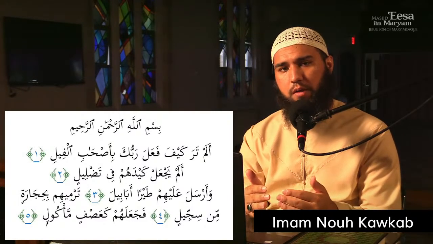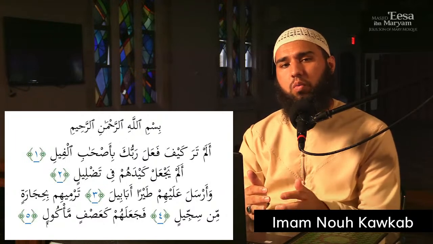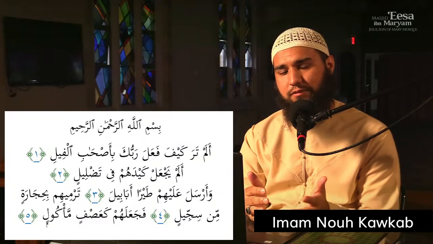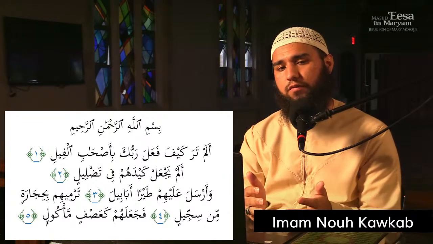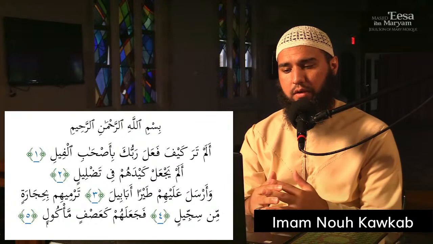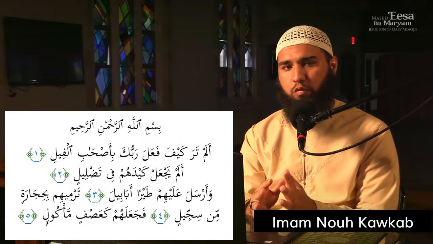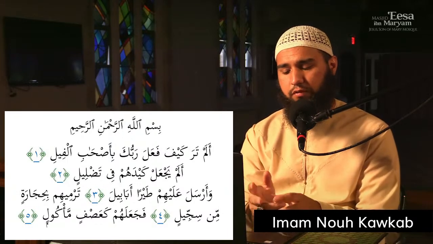But if we stop on a word which has fathatain as the last vowel there, then we have to stop with an alif in the end. وَأَرْسَلَ عَلَيْهِمْ طَيْرًا. Right? But there's no need of stopping there.